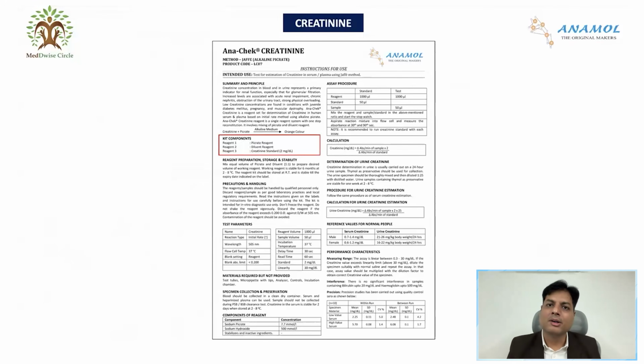This paper will give us information about how the product is to be used, how the solution needs to be performed or prepared, how the reagents are supposed to be stored, how the calculation needs to be done, what kind of precautions we need to follow, what is the principle of the product, and what is the range of normal values as per this particular test. All this information is given in the form of instructions for use.